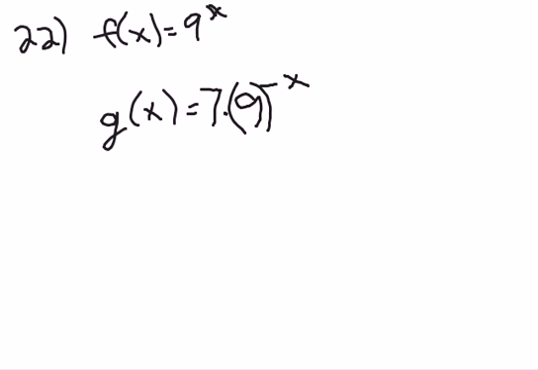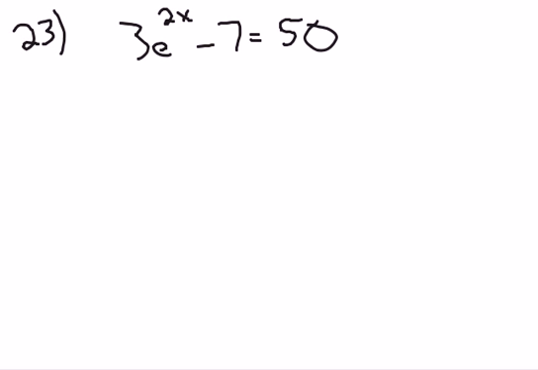All right, moving on to number 23. For all of these, we are solving equations using logarithms and exponents and their relationship. So with number 23, we have 3e to the 2x minus 7 equals 50. Again, you're using the inverse relationship of logarithms and exponents. So the first thing I do here is add 7. Divide by 3.